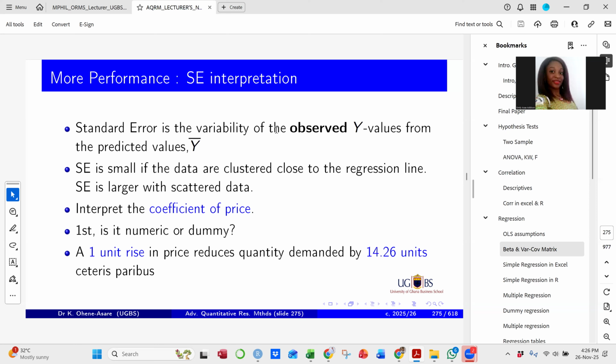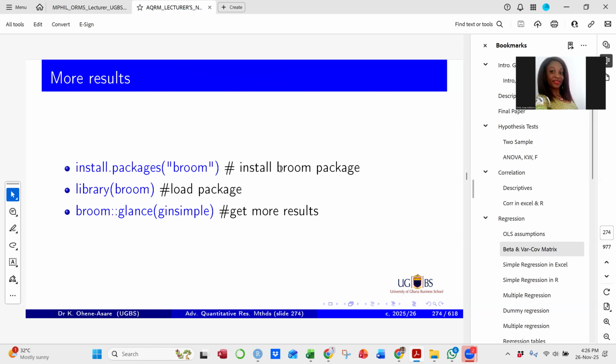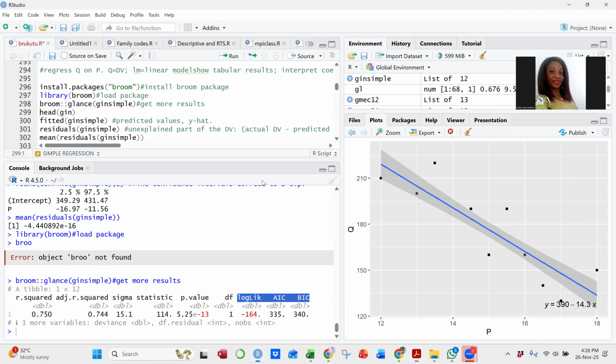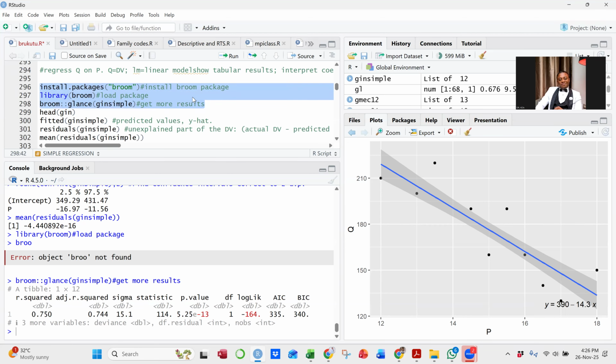Emily, you have a question? Yes, Doc. For the Broom one that you did, under what condition do you get just up to the p-value? Under what condition do you what? Okay, so my output was only up to the p-value. The rest that you showed was not part of my outputs. Check. Sometimes you have installed a package, right? Yes.